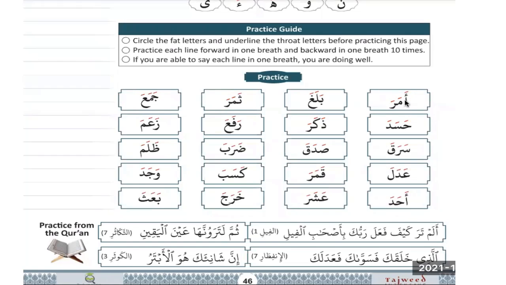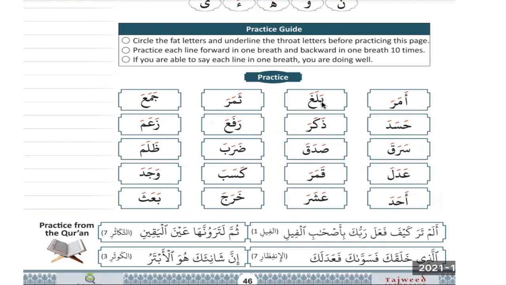Now if we read it together, with the short sounds, the letters become one word. A, ma, ra, amara. So why do I say ra? Because when it comes with the fatha on it, the sound becomes a little heavy. Amara.